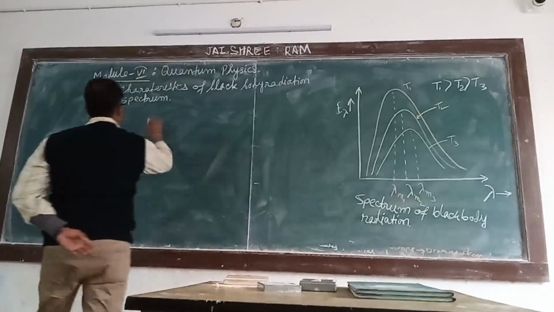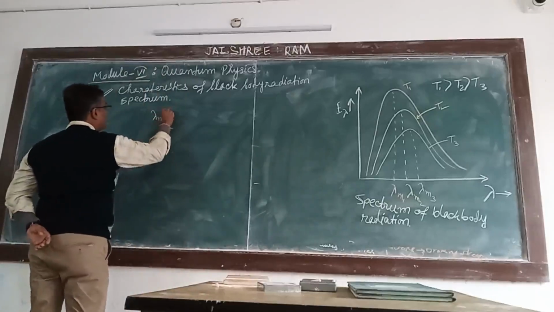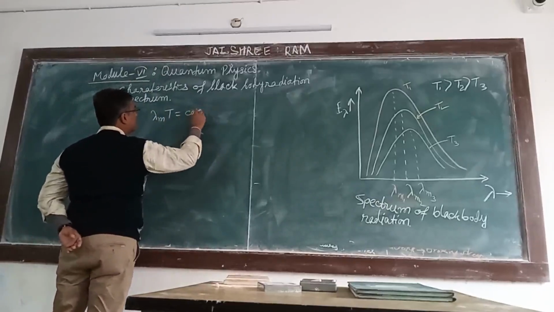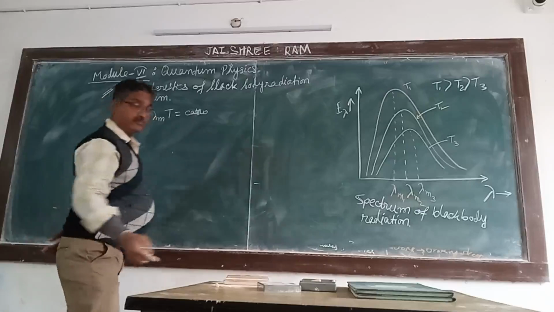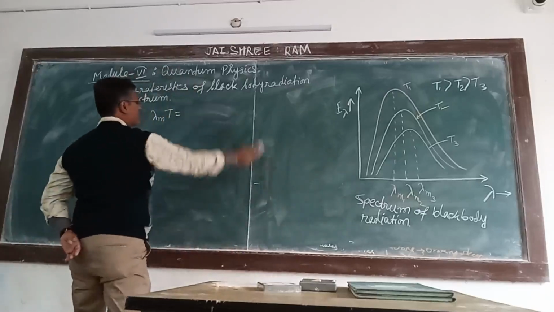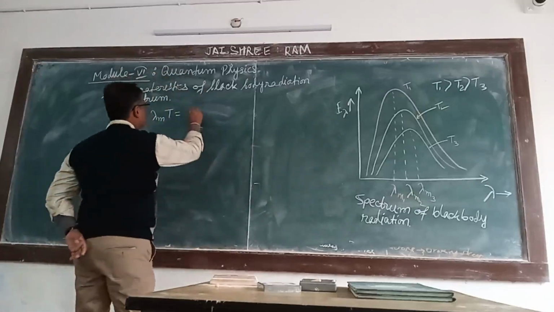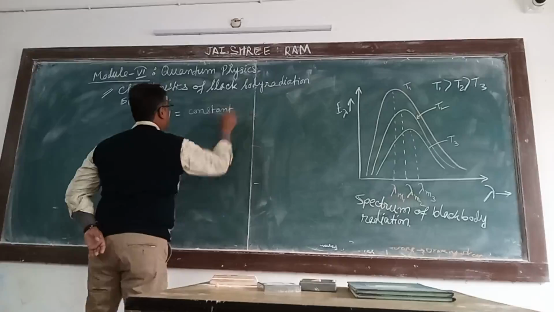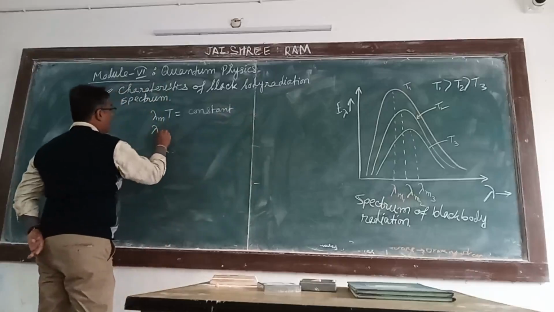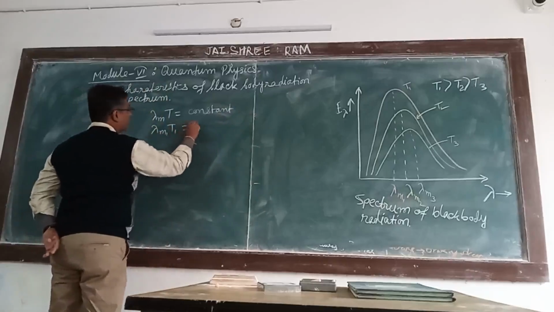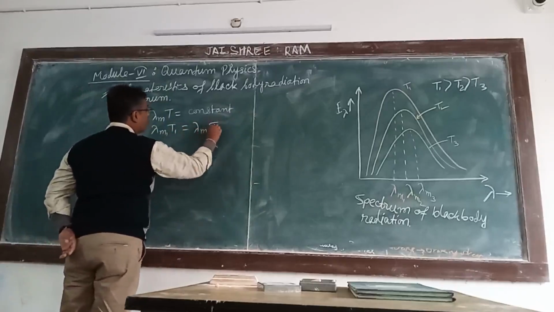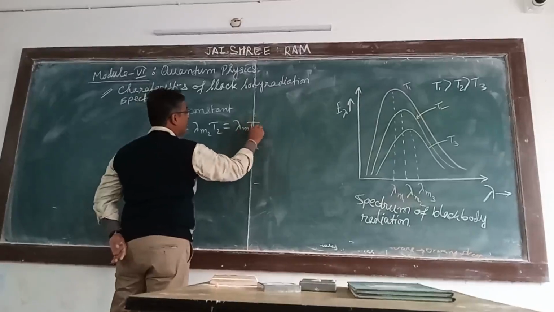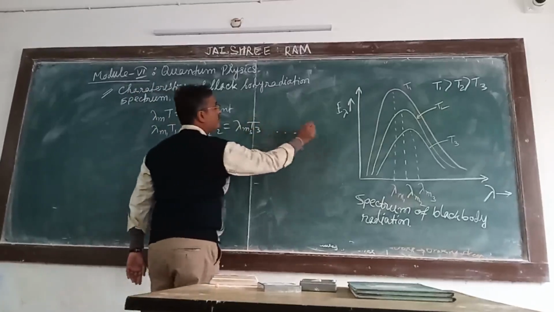That is, lambda m into T equals a constant. Constant means lambda m1 T1 equals lambda m2 T2 equals lambda m3 T3, like that.